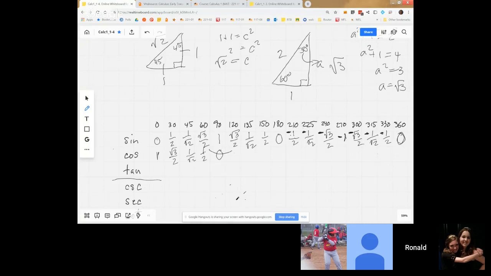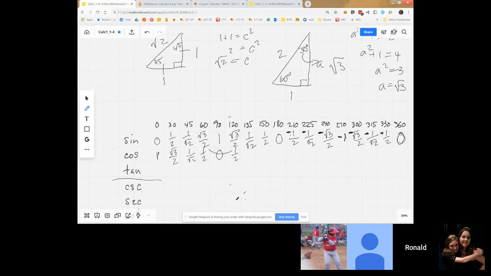120, this is a 30-degree angle in the second quadrant. So 30 degrees, hang on just a second. I just want to check something. Yeah. So the cosine of a 30-degree angle is 1/2. I'm sorry, that's a 60-degree angle, 1/2.